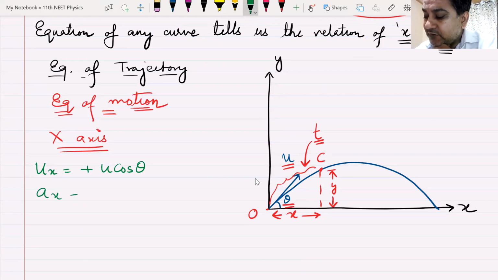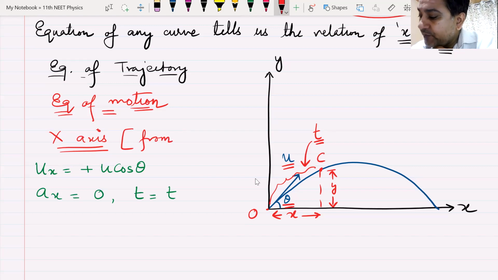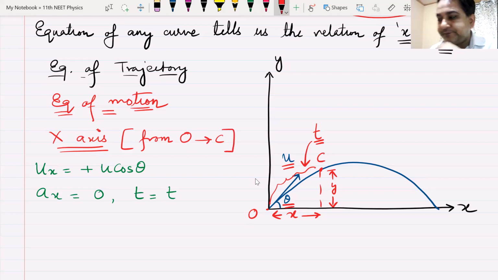Acceleration along x is 0. There is no acceleration. Time it takes is t seconds. So I am making the equation on x-axis from point O to point C. Am I clear?